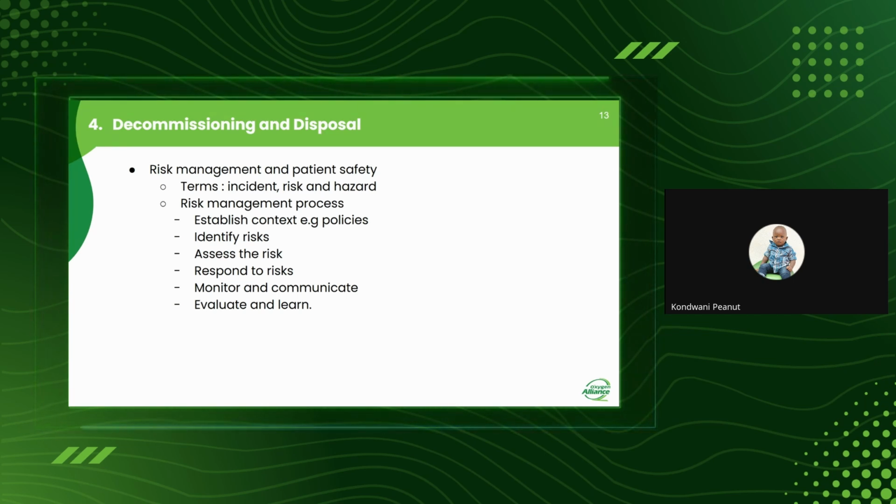You can even leave the risk if it poses less danger to the surroundings. All that is involved in responding to the risk. We want to minimize it as much as possible, to the level where the risk will no longer be harmful to our users. During this process, you should monitor and communicate.